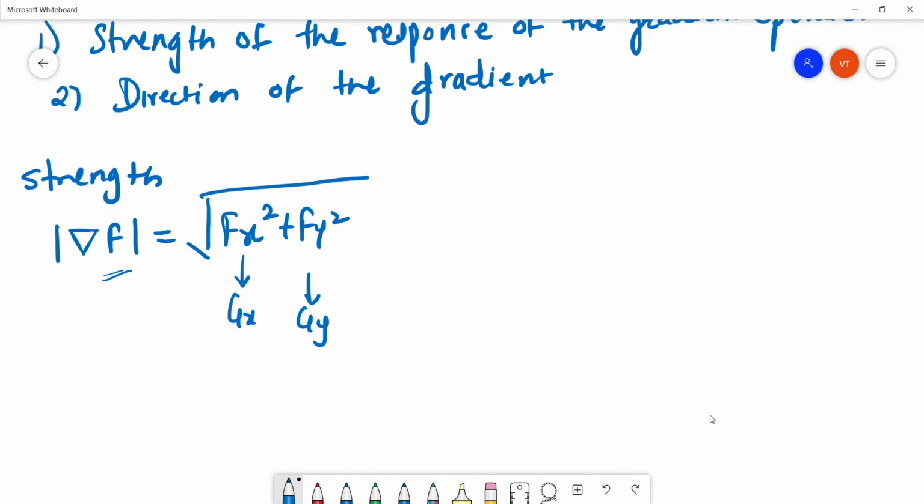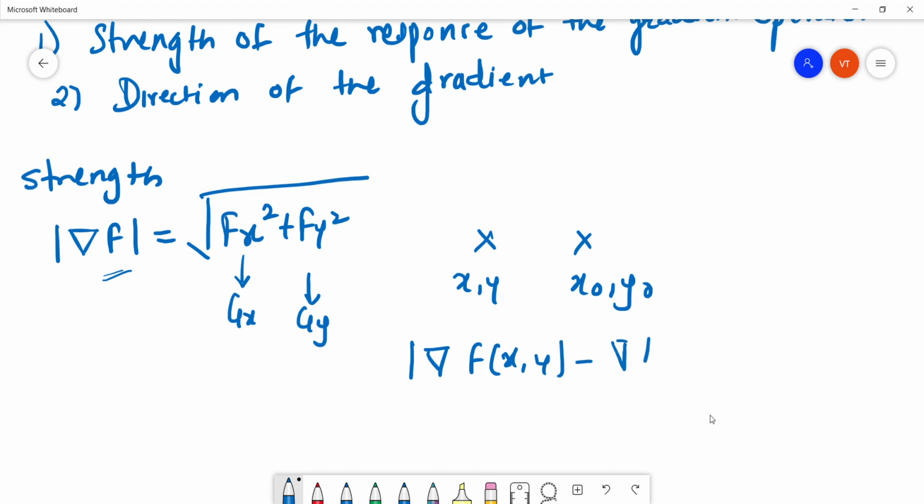Suppose there are two pixels as I mentioned earlier, x y, and the second pixel is x0 y0. Then the strength of x y minus the strength of x0 y0 should satisfy this condition, less than or equal to T. What is T here?